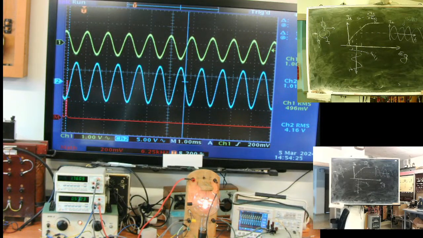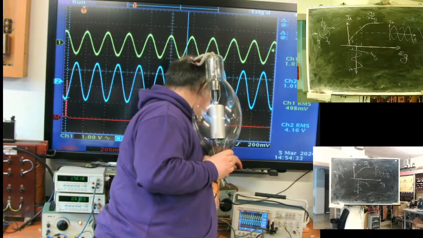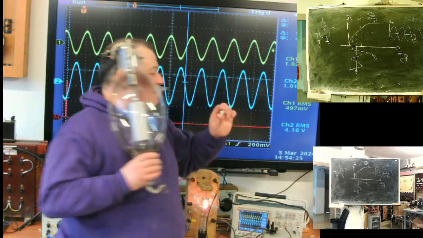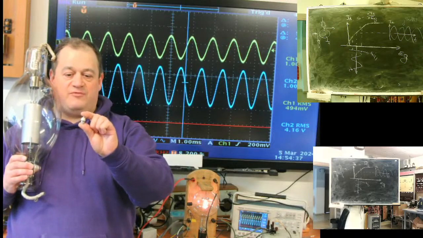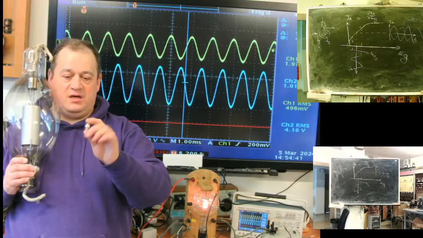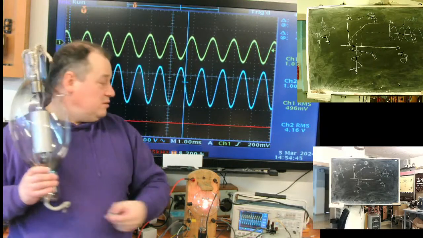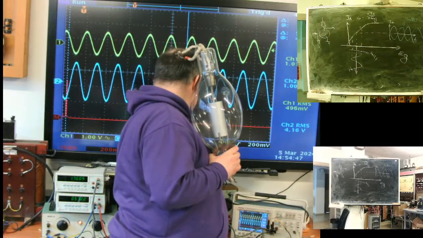To broadcast over the city, 6 such valves. Not all are so gigantic. Here is a tiny high frequency triode. Same thing, 3 electrodes, but this one is for high frequencies. Quite a nice device.